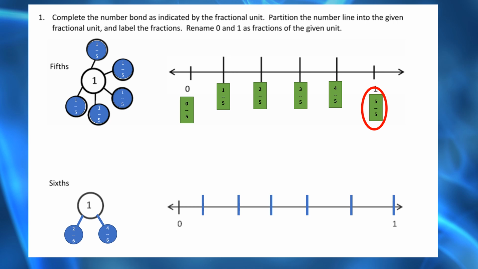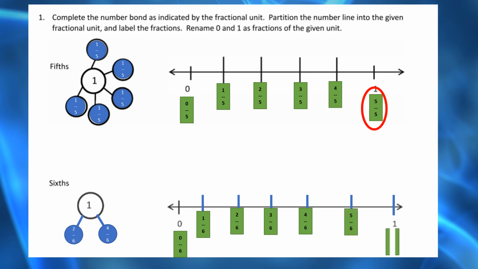Now let's go ahead and label our number line. So we always start with 1 endpoint, and the endpoint is 0. So 0/6, then 1/6, 2/6, 3/6, 4/6, 5/6, 6/6.